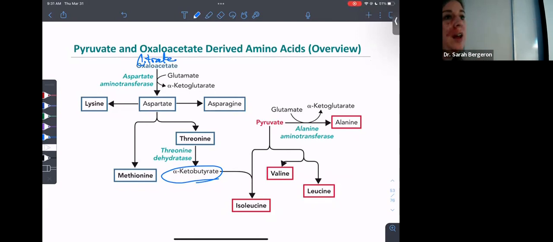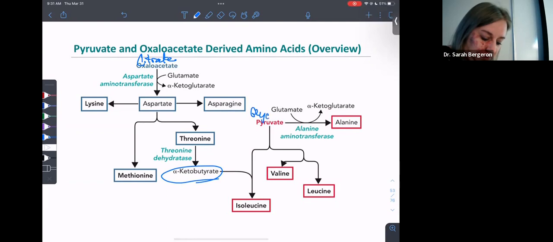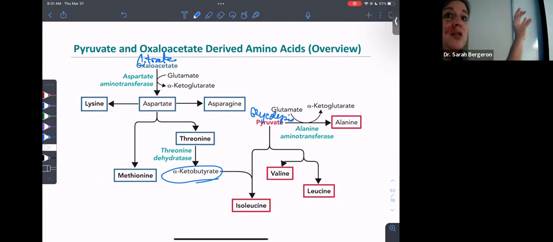Okay, where did pyruvate come from? So sometimes you're going to see links between the different metabolic pathways, and that's what we see in this example. So if you're inhibiting one pathway, you still have a backup from the others.